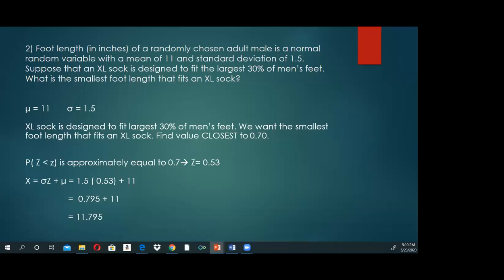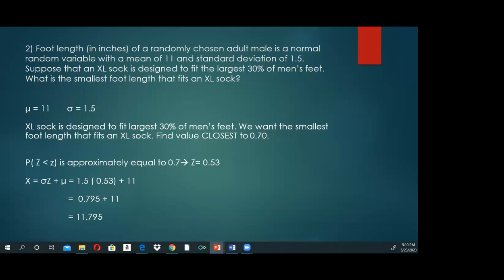So we know that the mean is 11 and the standard deviation is 1.5. The extra large sock is designed to fit the largest 30% of men's feet, but we need to find the smallest foot length that fits an extra large sock.